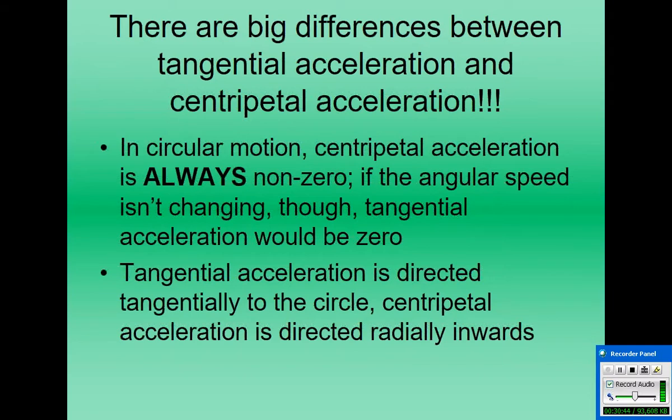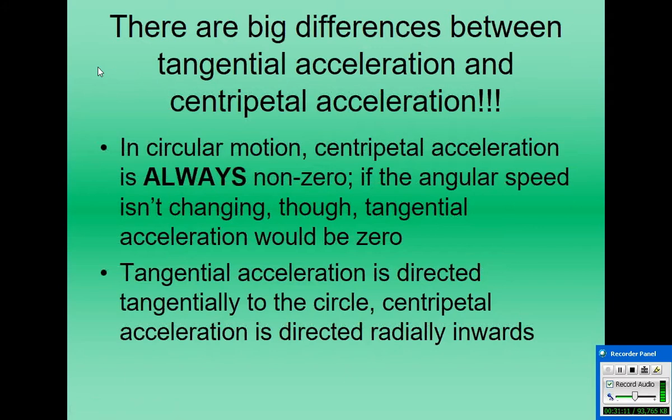But tangential acceleration exists if A, you're moving, B, you're following a circular path, and C, you're speeding up or slowing down. Your speed has to change for there to be tangential acceleration in circular motion. But as long as you have circular motion, you will always have centripetal acceleration. So don't confuse the two.